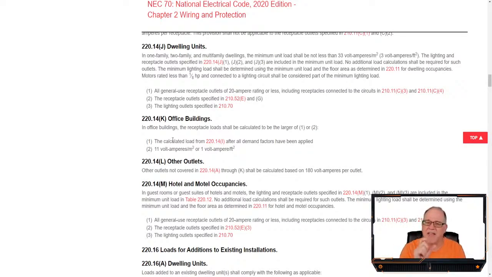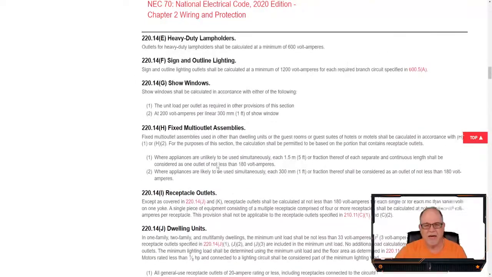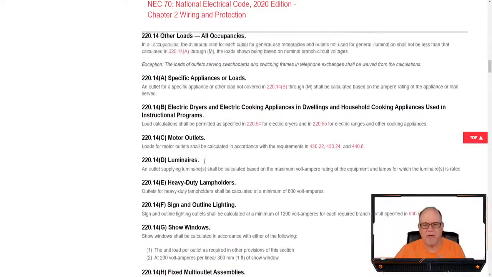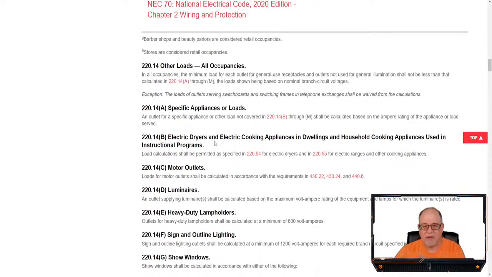Again, the lighting that's in 210.70. If the lighting you're adding is not covered in 210.70, then that's additional lighting, and we're going to have to add that value in because that is additional lighting. That's not what's covered under 210.70, okay? And you've got all these other rules up here that give you some guidance on that. Again, all other loads right here, all occupancies, okay? There are some rules here, and if it's a specific appliance or load, you're going to take that value and add it to the calculation.